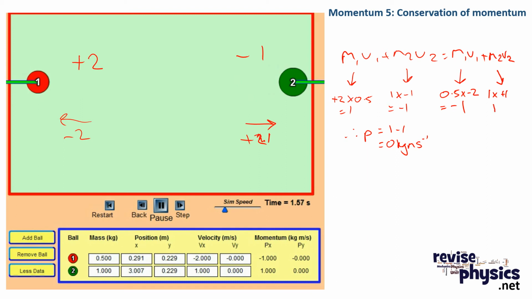That gives me a velocity of +1. So my overall momentum is -1 plus 1, which equals 0. Momentum before is the same as momentum after.